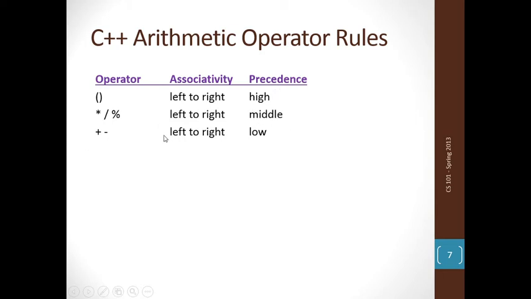Plus and minus have associativity left to right. This means if we have multiple plus and minus operators in an expression, we evaluate them from left to right, because they have left to right associativity.